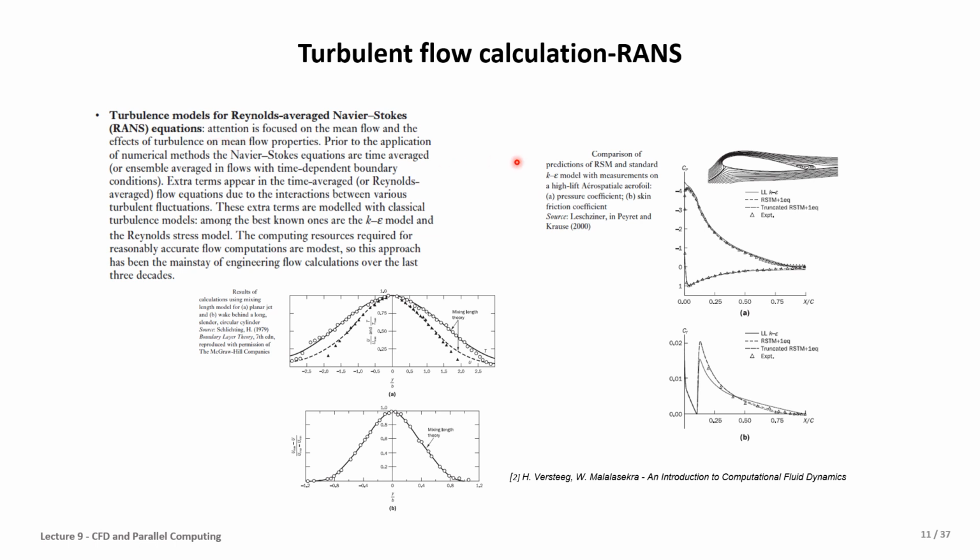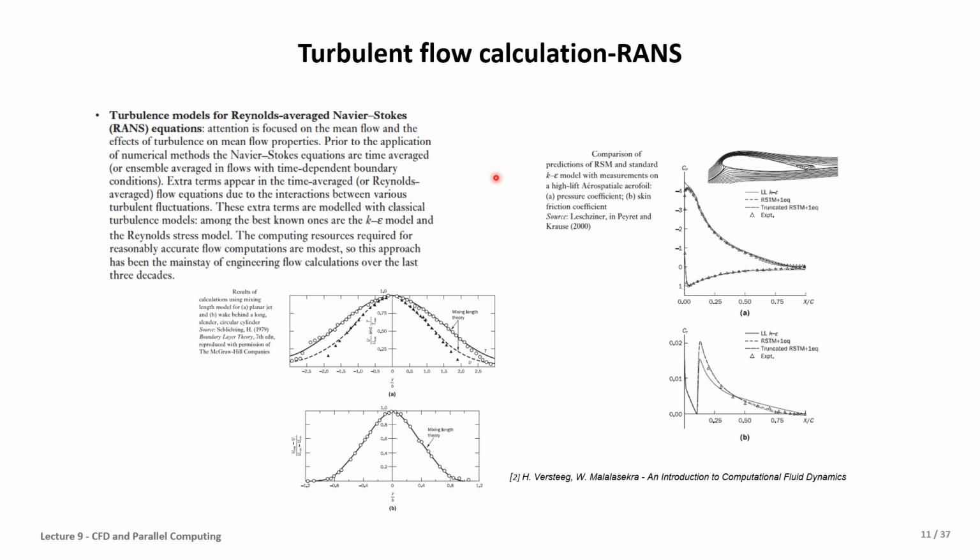Since we cannot get all the features from all the detail and scales in the flow, we apply this method to obtain the mean and average features of the flow. Then we can use the results of this method for design, optimization, or building some product.